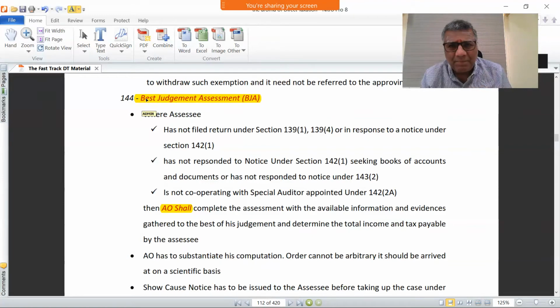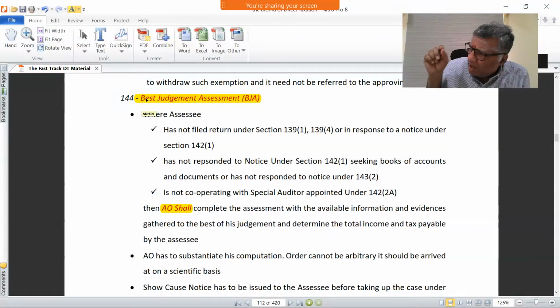What is it? The wording says best judgment. Based upon the information in the assessing officer's hand, he will complete the assessment. What information? In a scientific manner. Last year, the assessee's turnover was 5 crores.